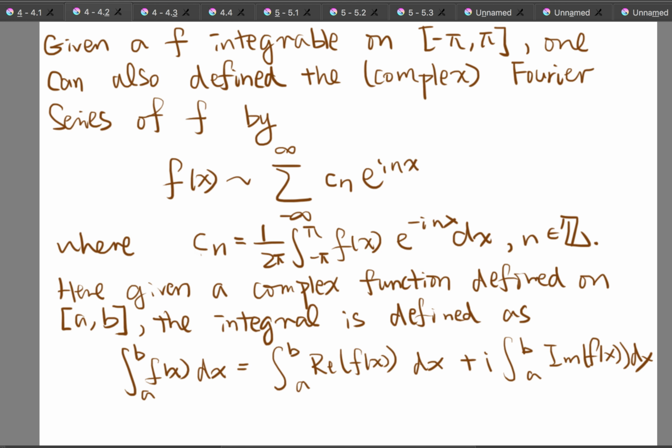Given an f which is integrable on the interval negative pi to pi, we can define the Fourier series by the same expression as the trigonometric series, but with the special type of coefficient. The coefficient is given by 1 over 2 pi times the integral of f(x) e^(-inx), and we integrate from negative pi to pi.